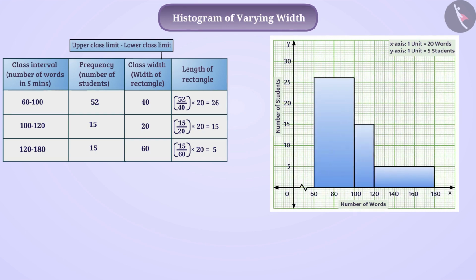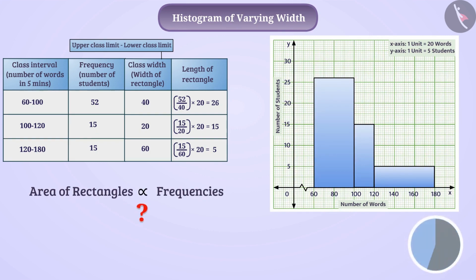Now, stop the video and find out whether the area of rectangles in this histogram is proportional to the frequencies or not. Try it. You must know that now the area of rectangles is proportional to frequencies. Hopefully, you can now draw a histogram of varying width for a grouped frequency distribution that has different widths of class interval.